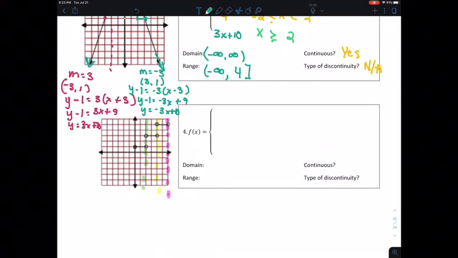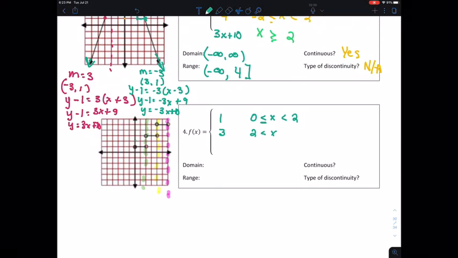So how do we write that? This horizontal line is at 1, so my y is equal to 1, and that happens between 0 and 2. It's a closed circle on 0, so it's less than or equal to. Our next graph is at 3, and it's at 3 between 2 and 4.